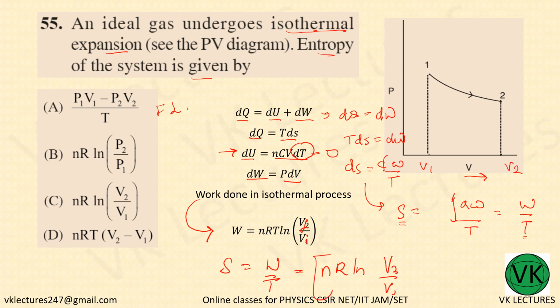This is what your answer is, nR log V2 divided by V1. This is the change in entropy. So please remember these equations from thermodynamics, as well as the work done in isothermal process.